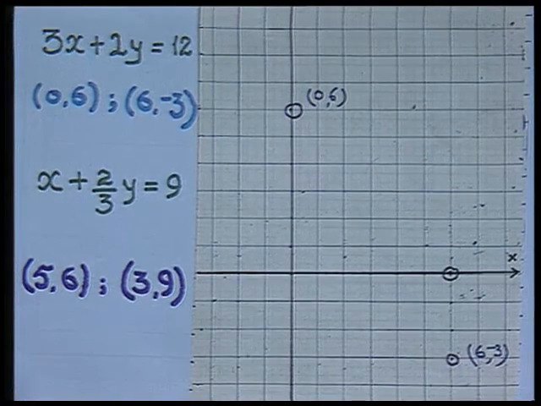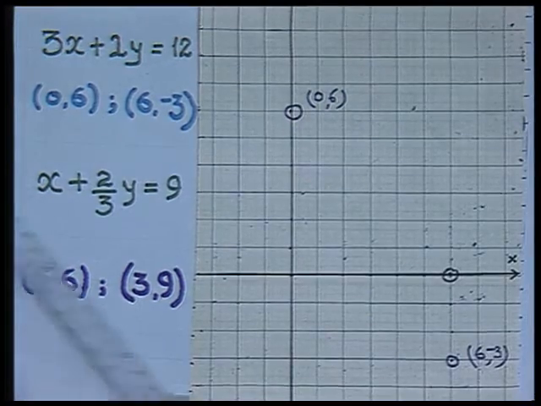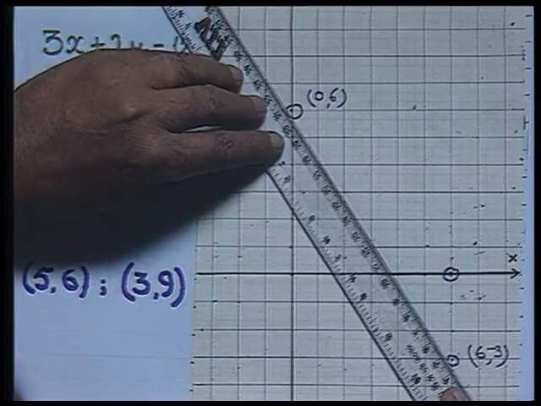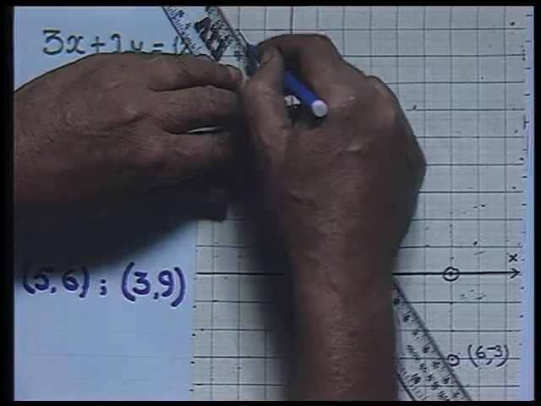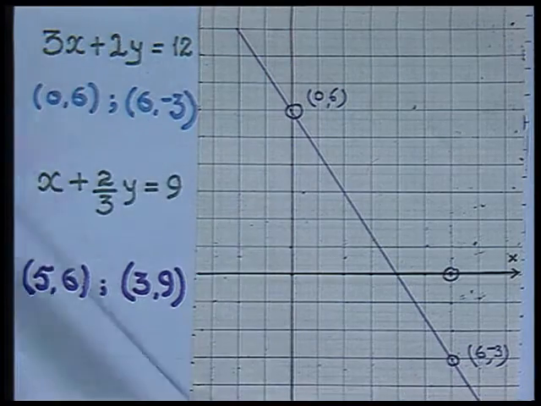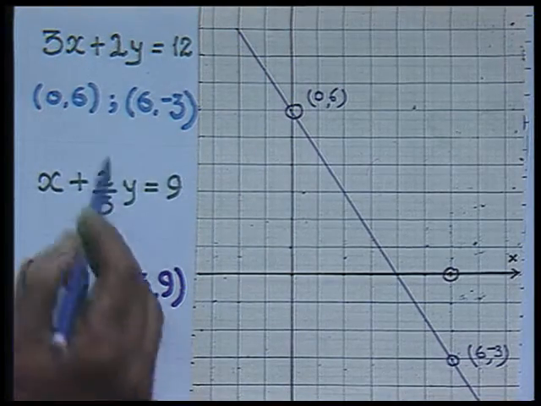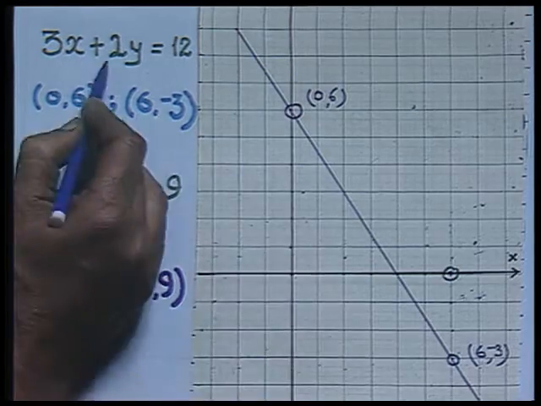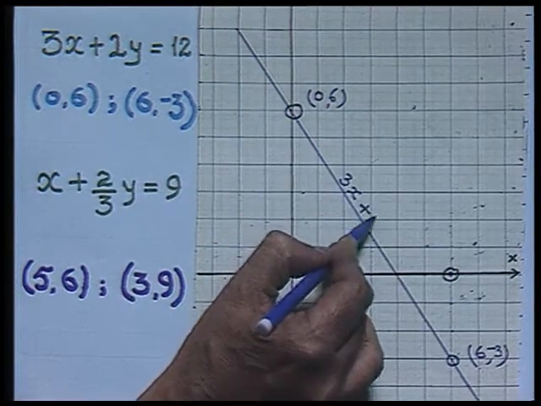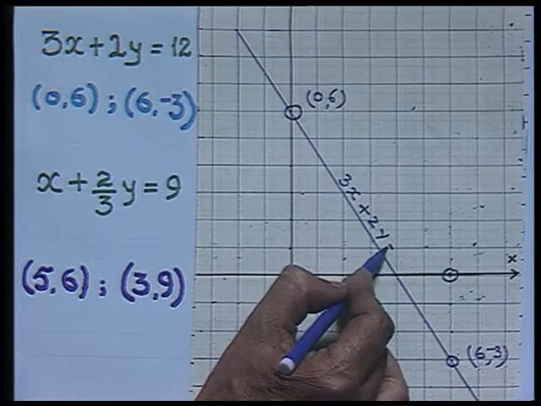On joining these 2 points, I will get one straight line, and this straight line represents which equation? This represents 3x plus 2y equals 12.